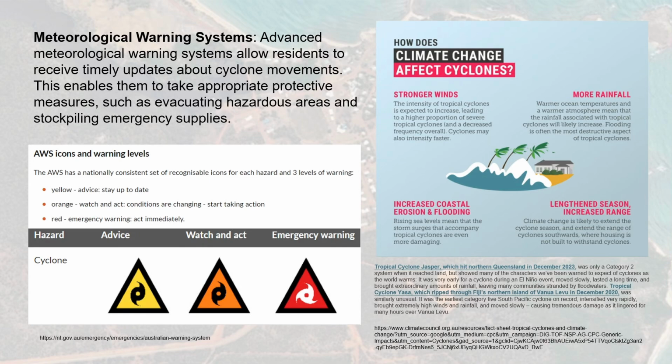For example, tropical cyclone Jasper, which hit northern Queensland in December 2023, was only a Category 2 system when it reached land, but showed many of the characteristics scientists have warned to expect of cyclones as the world warms.